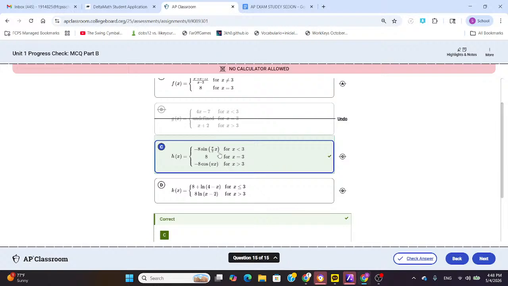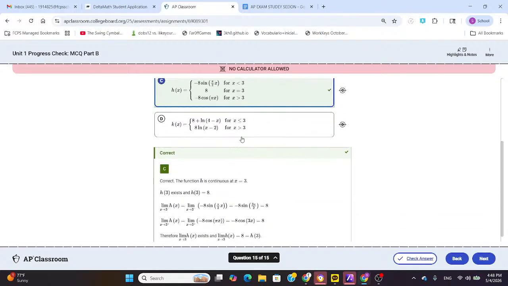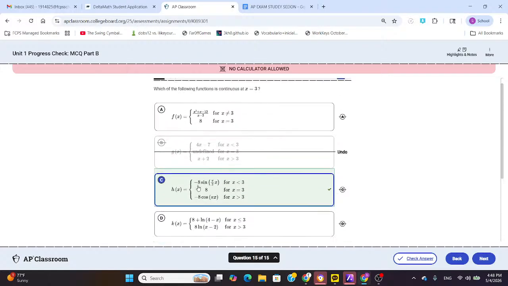Plug in 3, you get -8 sine pi over 2 times 3, which is sine 3 pi over 2, and sine 3 pi over 2 is, what was that? Let me, crap. Oh, was it -1? It's -1, but then there's a -8 up front, so that just equals out to 8.